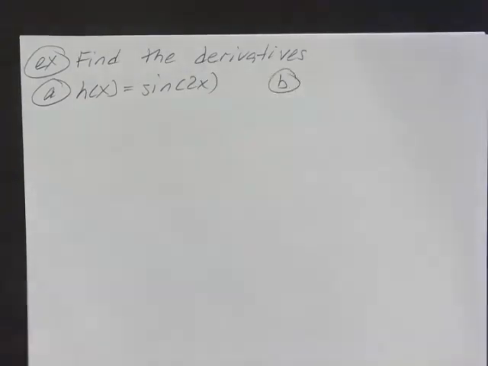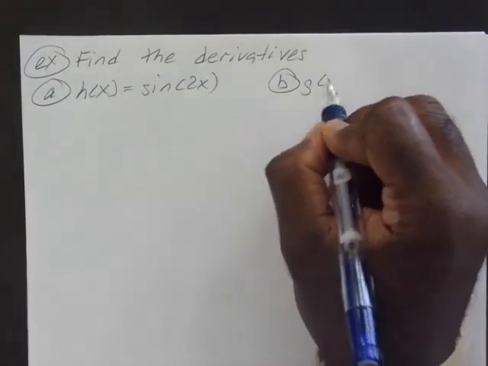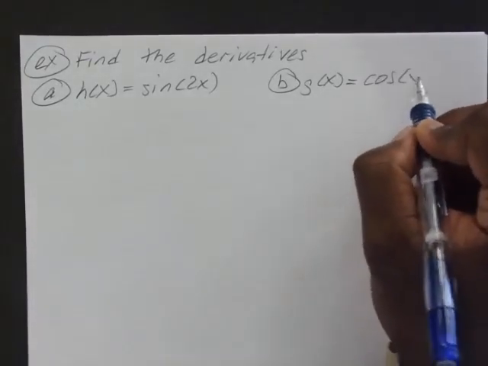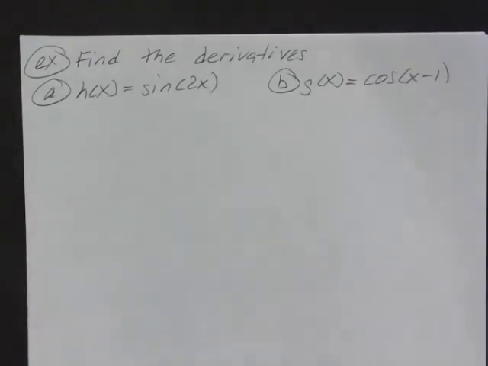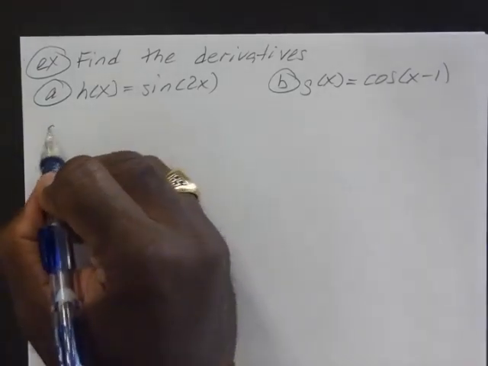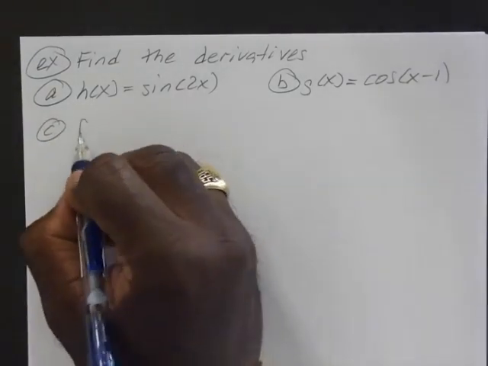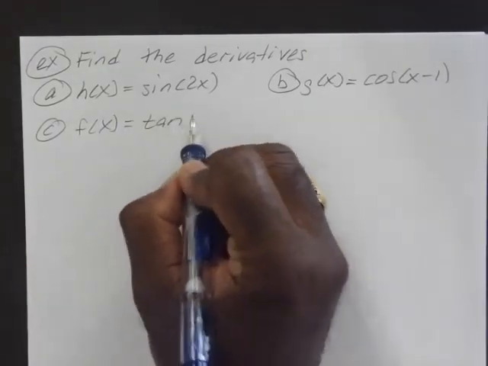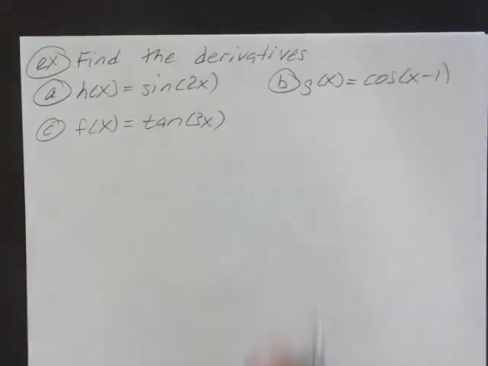Let's say for problem B, we have g of x is equal to cosine of x minus 1. And C, you have f of x is equal to tangent of 3x.